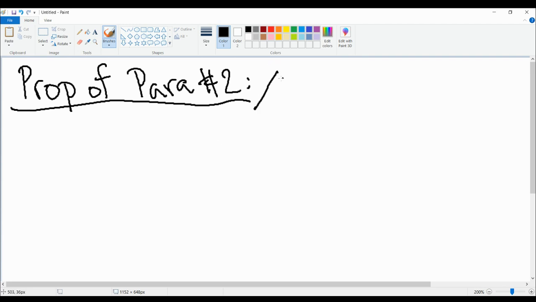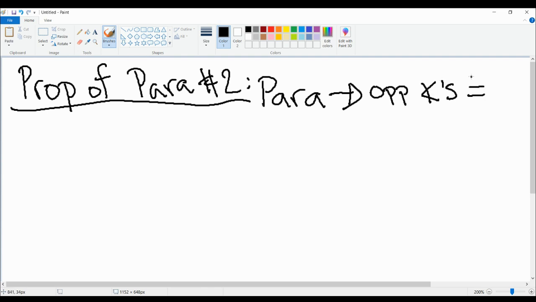If an object is a parallelogram, that's not a parallelogram, so I'll just write para. If an object is a para, then opposite angles are congruent. So if we were to draw a model of this, it would look very similar to the first one, except we would not have the sides congruent, we would have the angles congruent.